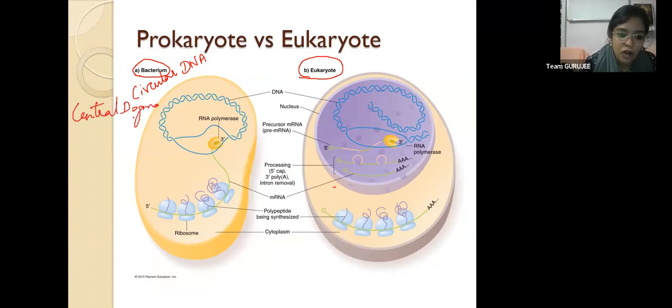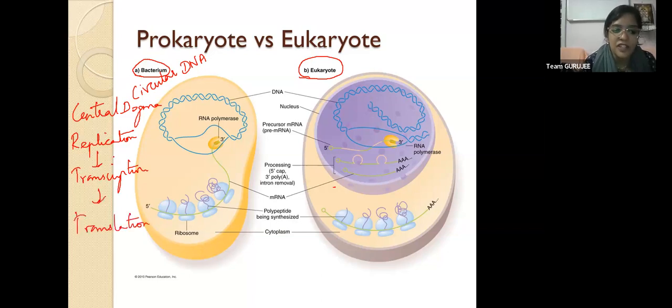Central dogma means first replication, then transcription and translation. Replication is nothing but DNA being formed from previously formed DNA, so it is an exact copy of the previous DNA.